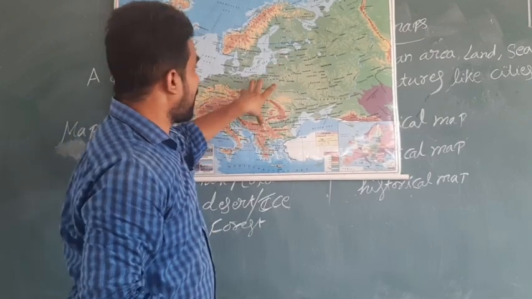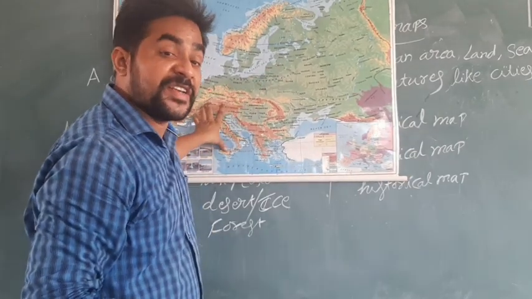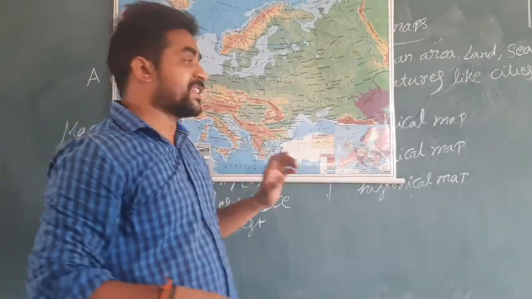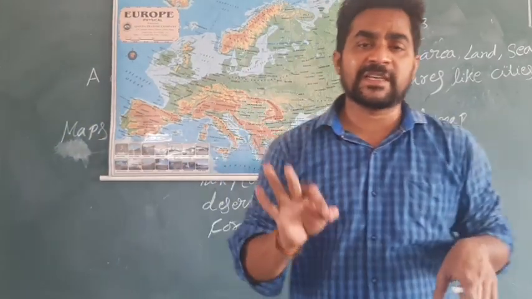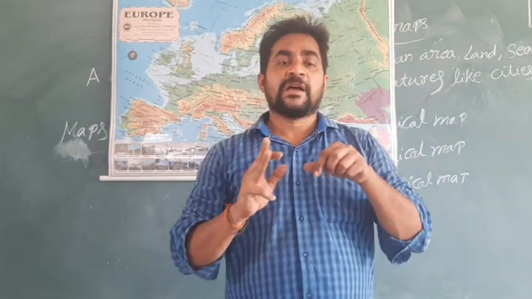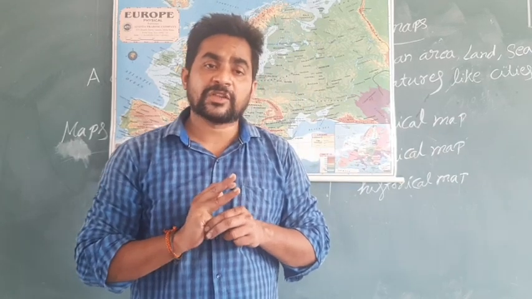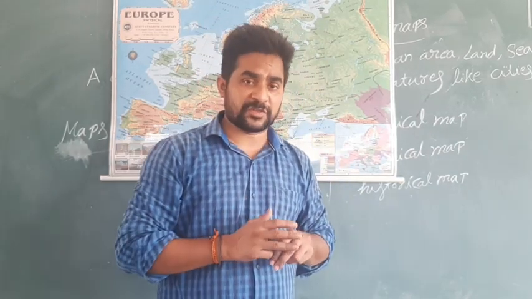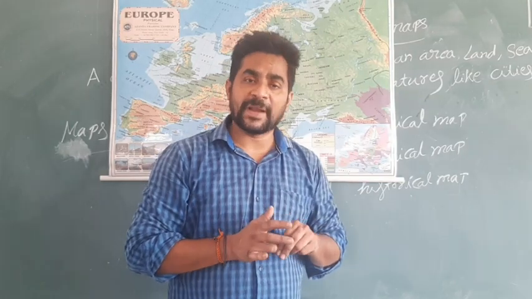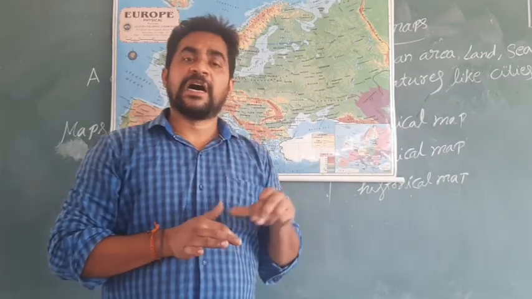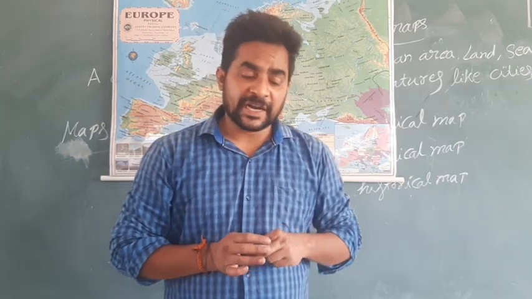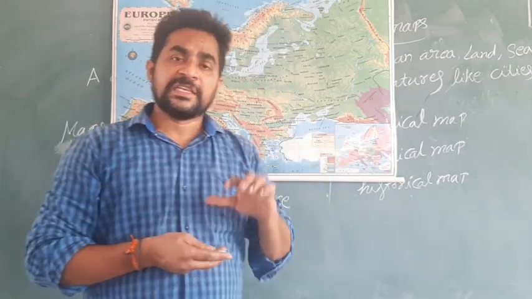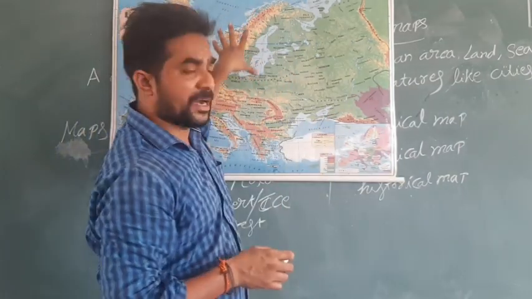A physical map represents how the area is covered with landforms: plains, plateaus, mountains, hills, river sides, peaks. All these things can be shown in the physical map.